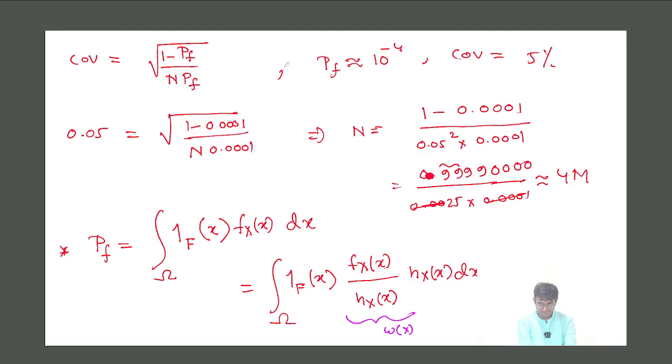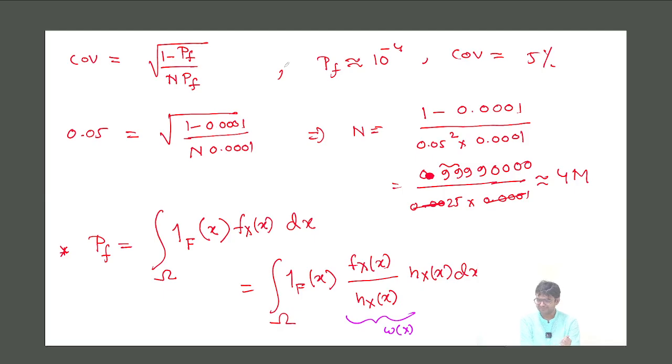What will happen from this expression? Look at the functional relation between PF and n. What will happen if PF increases to n? Take coefficient of variation to the right hand side, PF to the left hand side, keep a constant COV, and now tell me what will happen if PF increases?